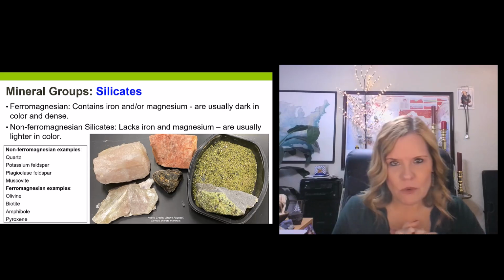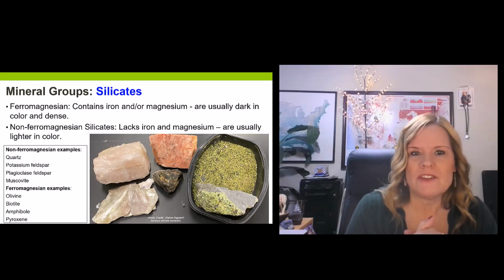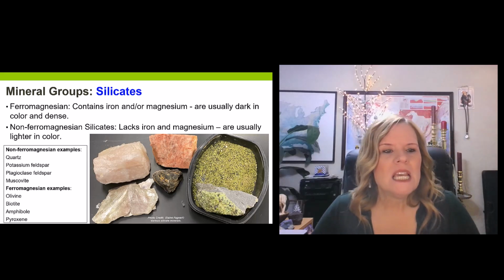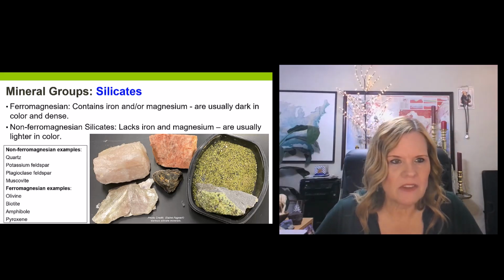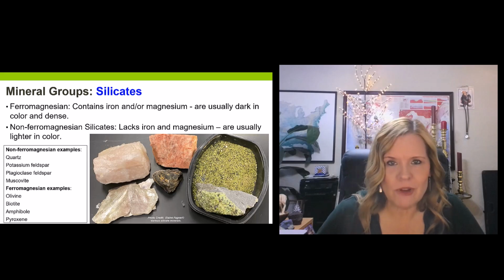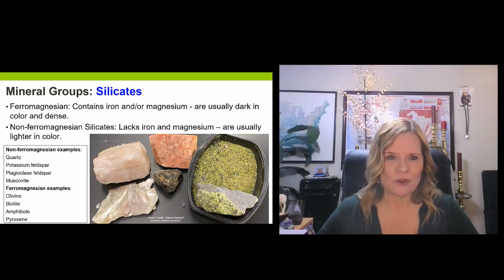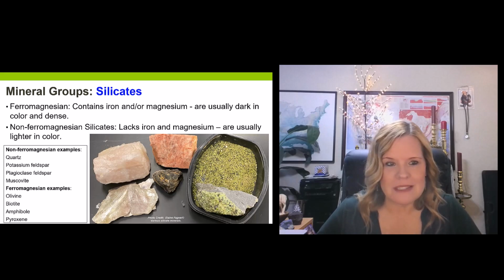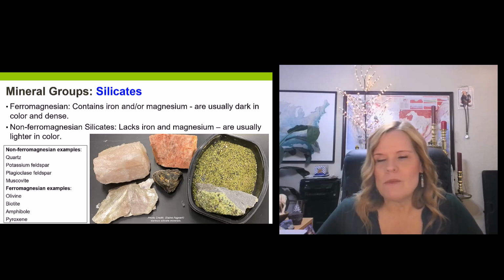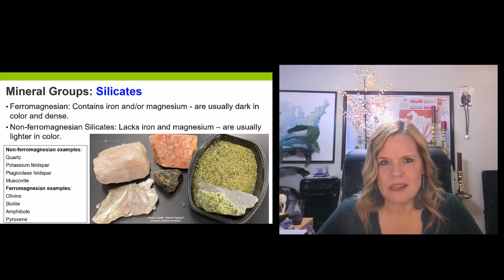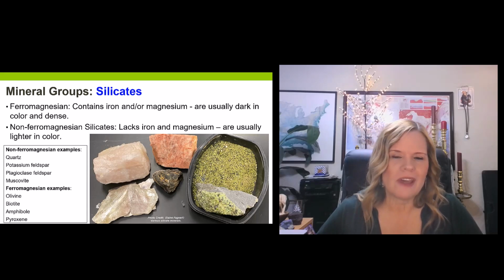I'm not going to go into great detail, but I'm going to tell you by far the most common mineral are the silicates. There are two major groups of silicates, ferromagnesian and non-ferromagnesian. So you can see one contains iron and/or magnesium and the other does not. The non-ferromagnesian silicates are typically lighter in color and not as dense.